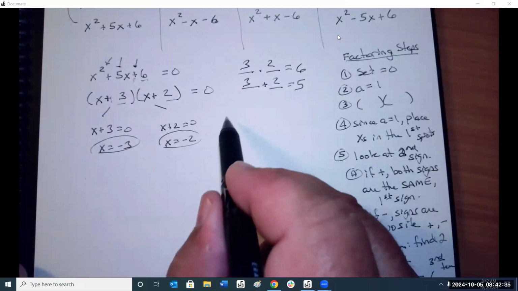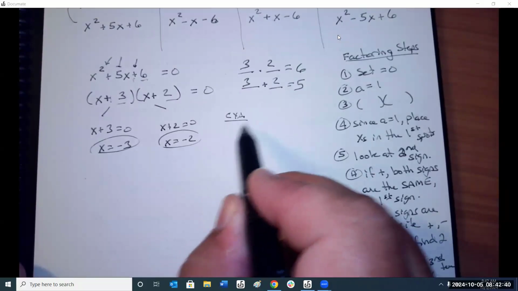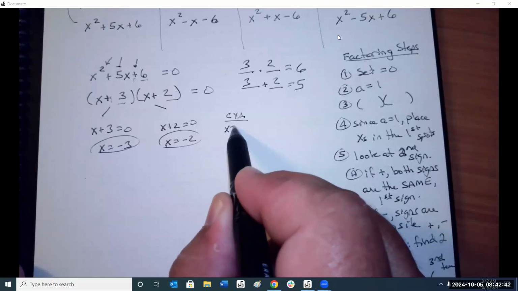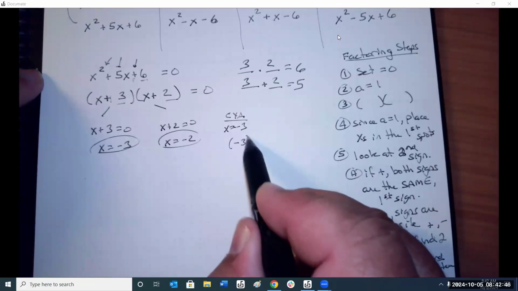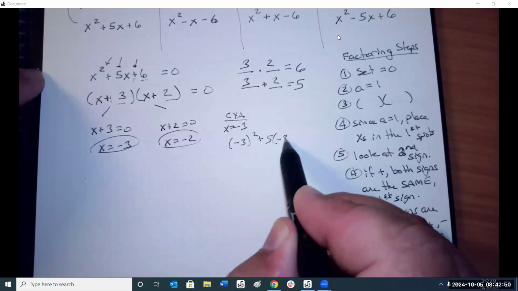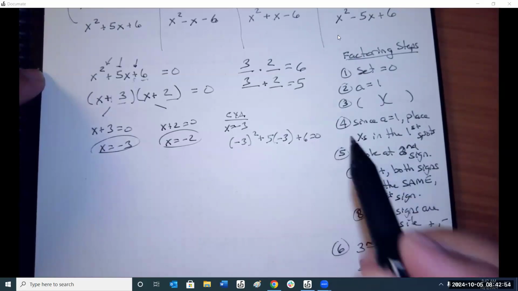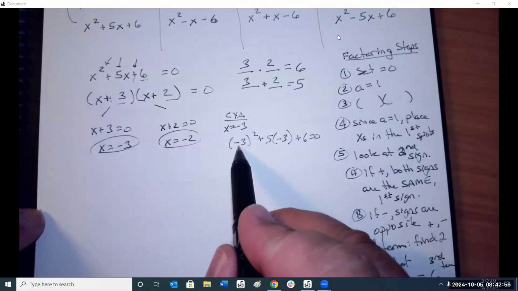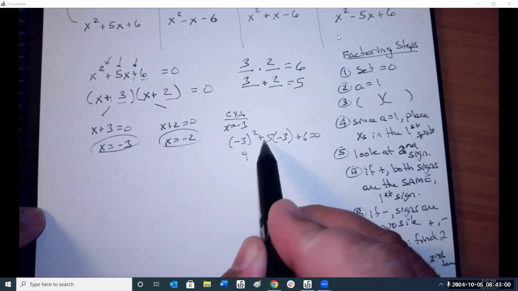And we always remember, check your answers. If x equals -3, we have -3 squared plus 5 times -3 plus 6. Does that equal 0? -3 squared, -3 times -3 is 9.